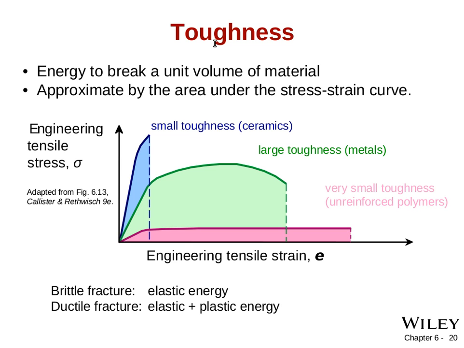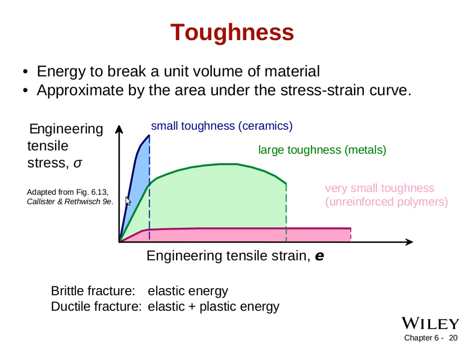So finally we have toughness, which is the energy to break a unit volume of material. So what that corresponds to is the area under this curve. So this green area here, if we add that all up, that would be the toughness of this metal.